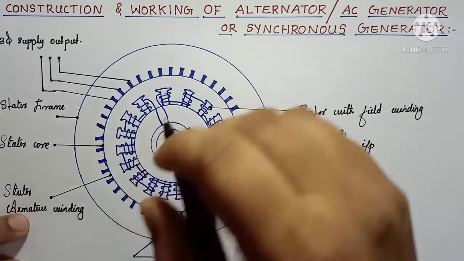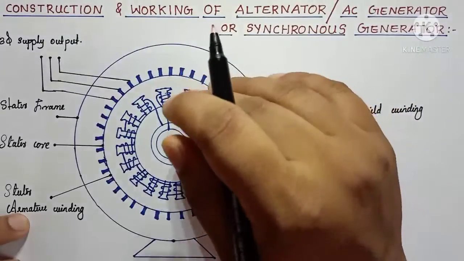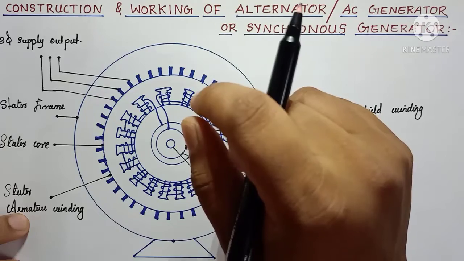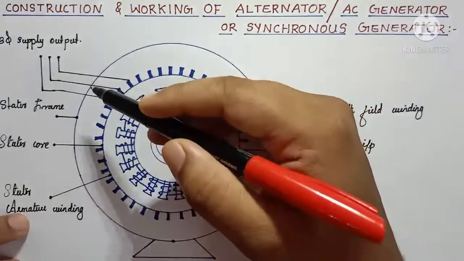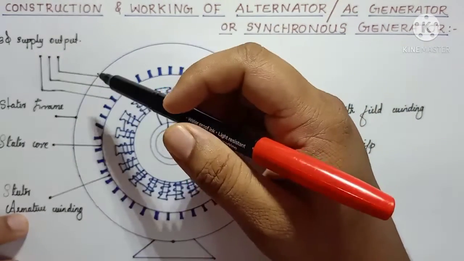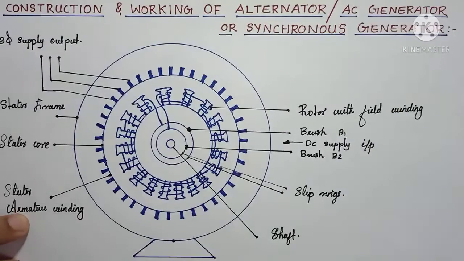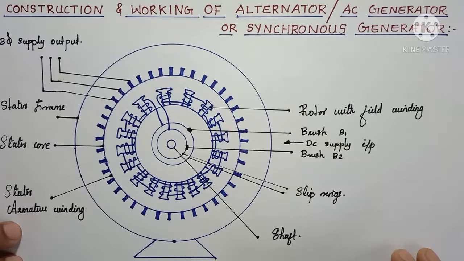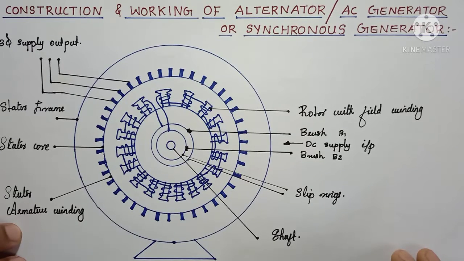We know that the alternator is a high current, high voltage machine. So we can easily take current from the fixed terminals. Due to these advantages, we use armature winding as the stationary part and field winding as the rotating part in alternators.